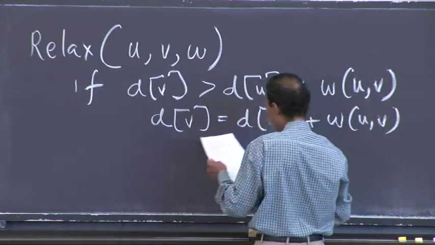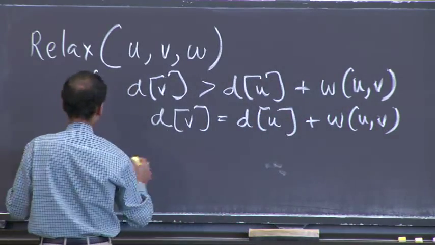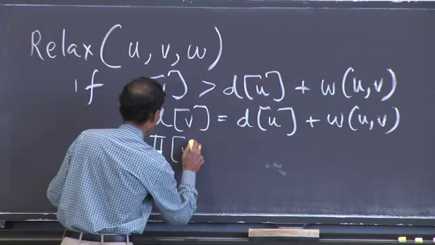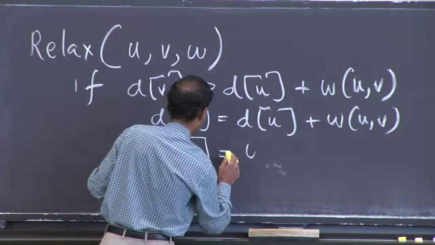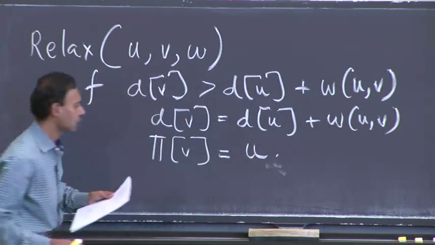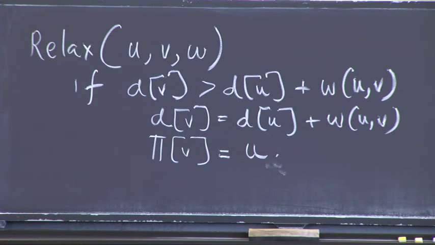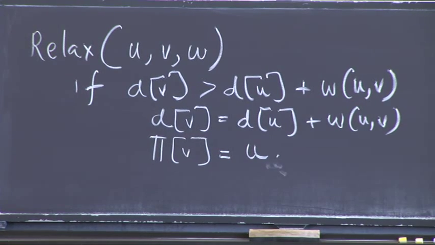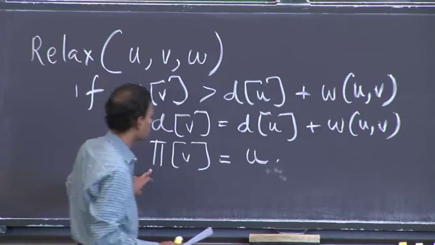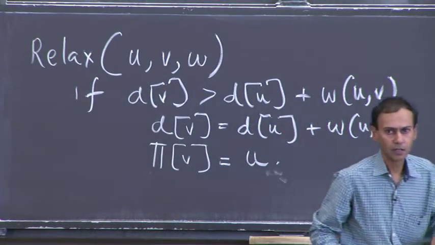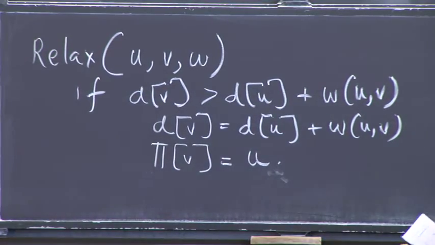You found a better way of reaching vertex v, a shorter way. And this way happens to be going through the vertex u. So you update not only the priority value, but also the predecessor relationship. All right? That's the relaxation step.